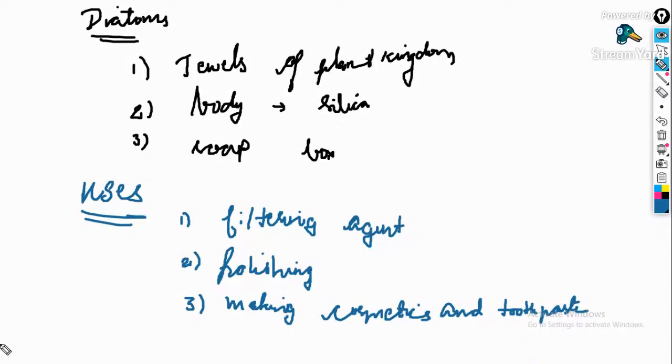Fourth point, they are good sound absorbers. They can be used as sound absorbent. A substance that absorbs sound is known as sound absorbent. So these are the four uses of diatoms, whose body is made up of silica.